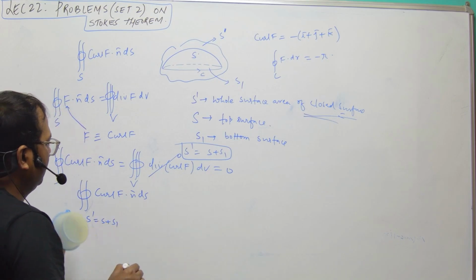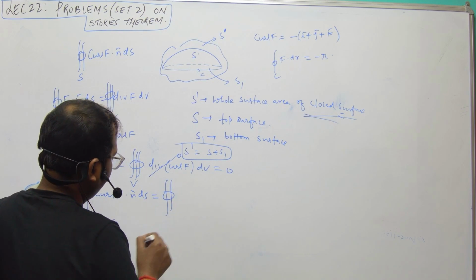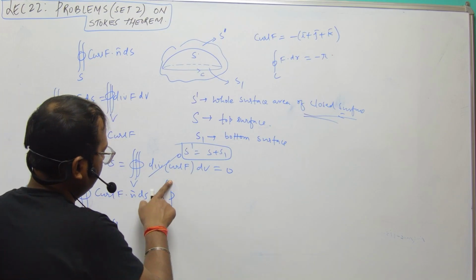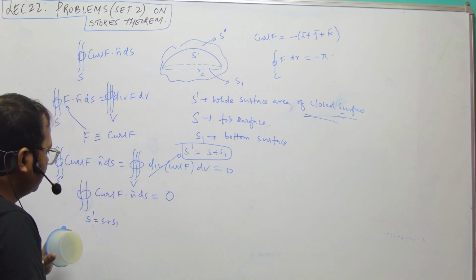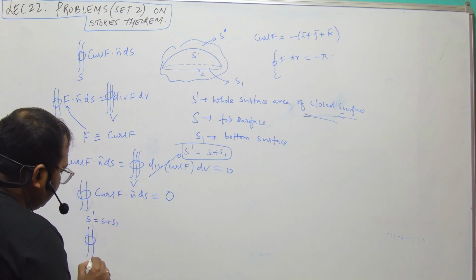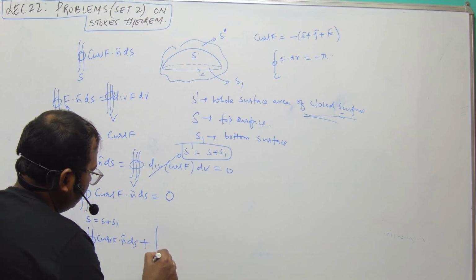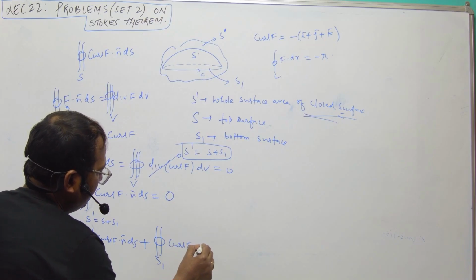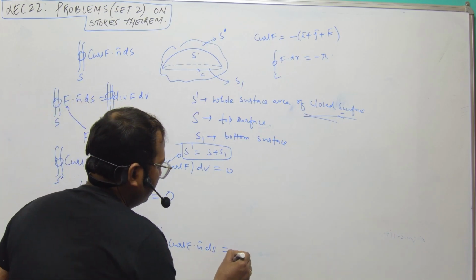So let us expand this: curl of f dot n cap ds along the surface S plus along the surface S1 is equal to 0.